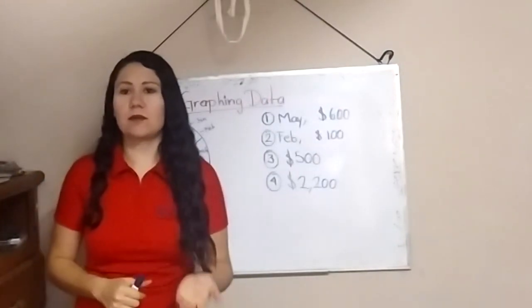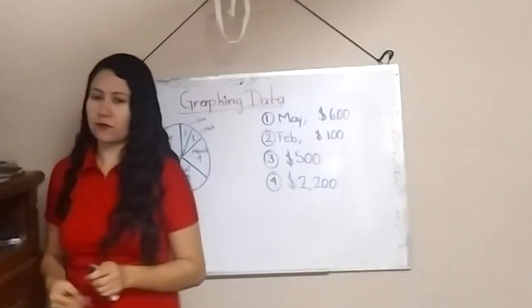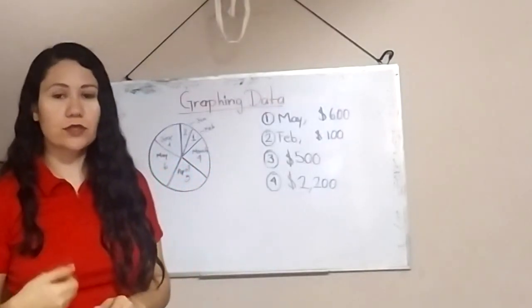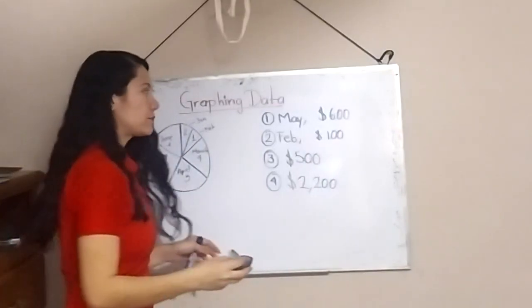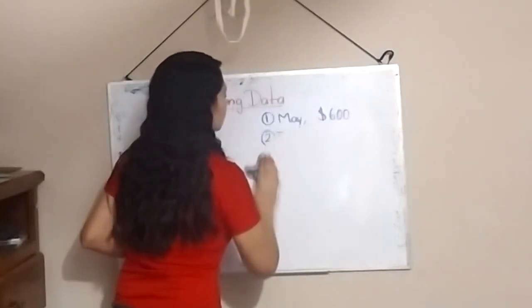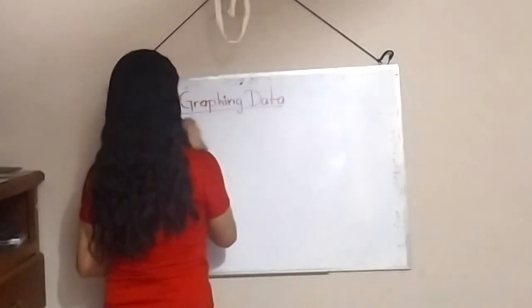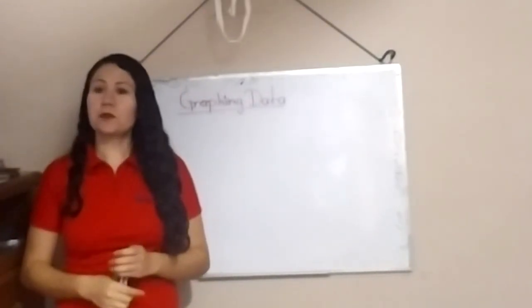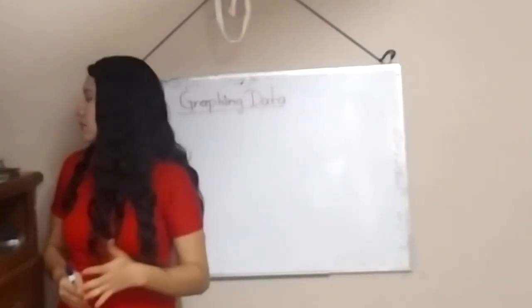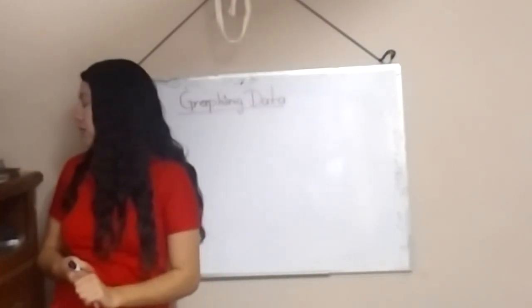Next, we have the steps to make a circle graph, and we have an example also in our presentation. Let's do it. First, we need to find the total values to be graphed. And in our example, we have that.